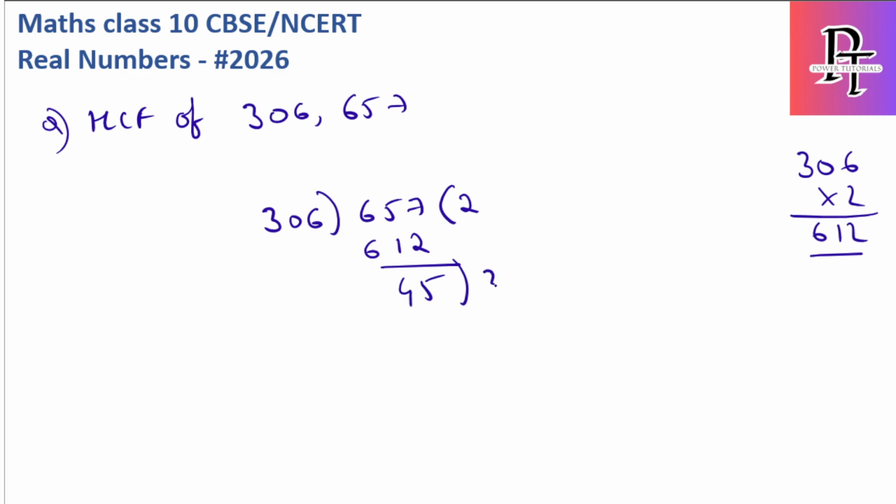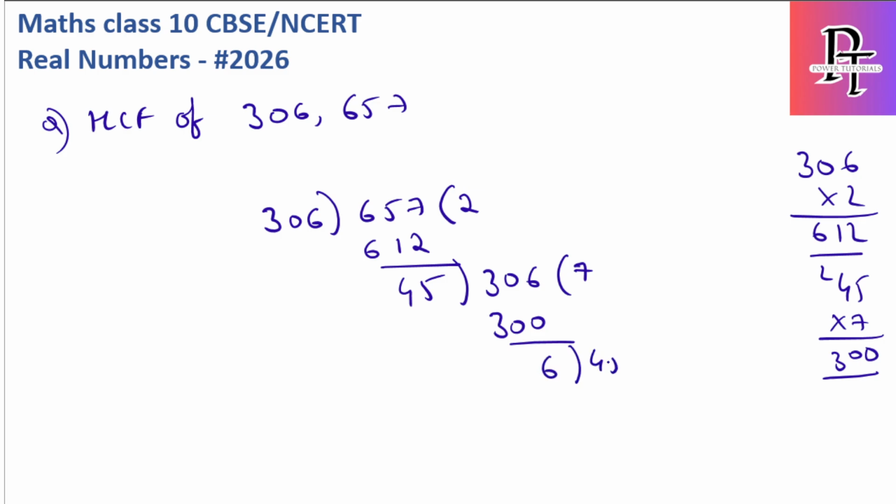Okay, 306, 45. Let's check for sevens. 7 4s are 28, 30. Yes, this is closer. Okay, now we'll get 6.